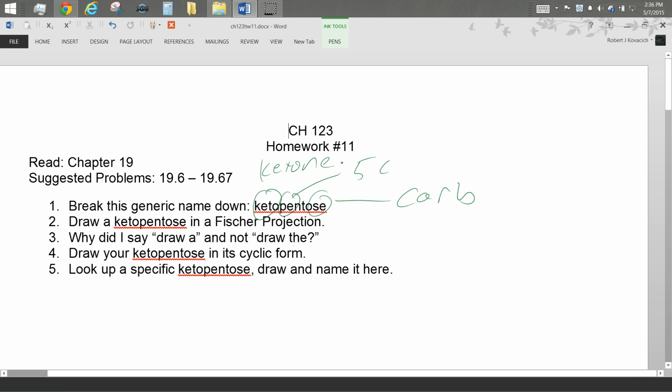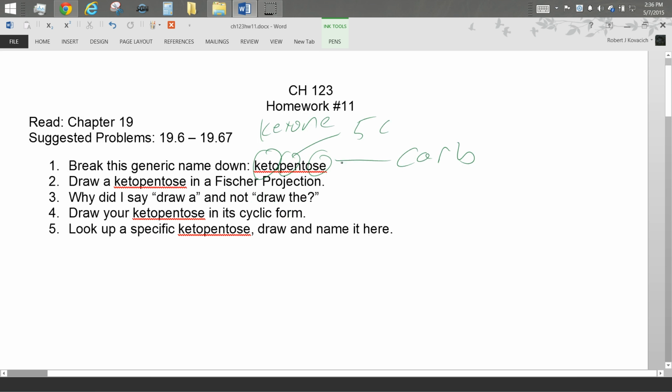Ketone, 5 carbon carbohydrate. Draw A. Okay, so CH2OH. Okay, so there's 5 carbons and a ketone.